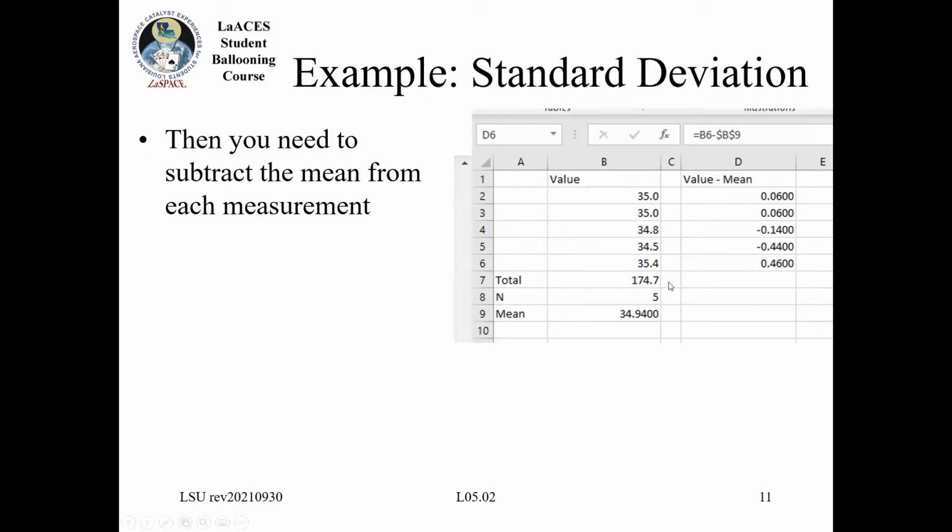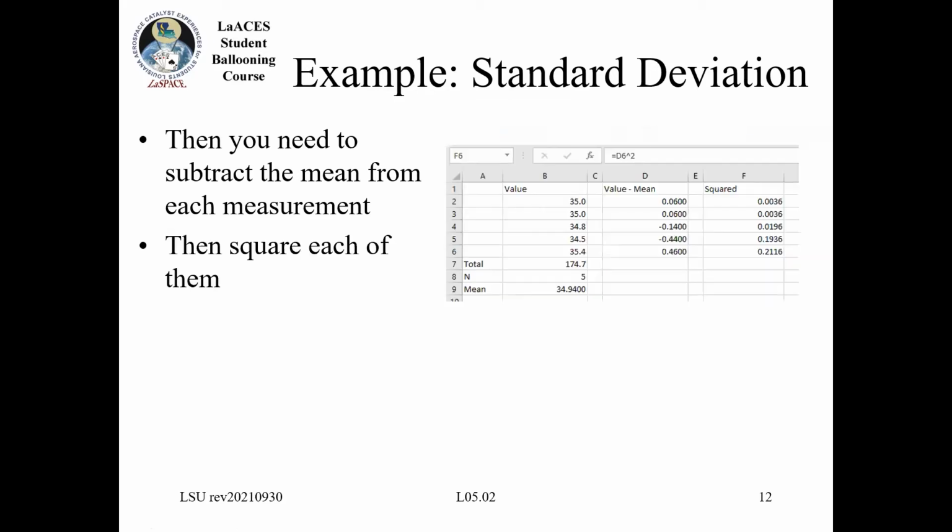So I'm going to take my average, which is what this B9 is, and subtract it from each individual value, right? So you can see that, okay, 35 minus 34.94 is 0.006, and I'm going to repeat that for every single one of my measurements.